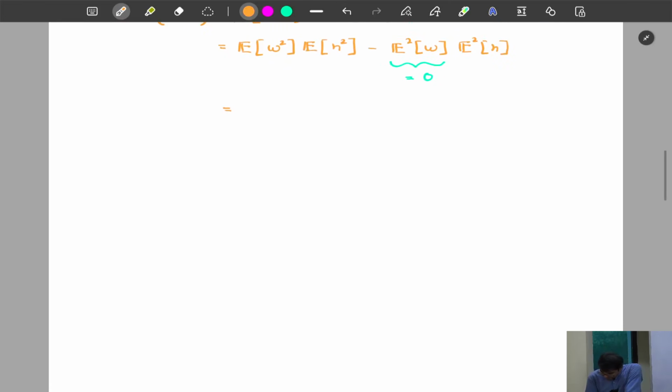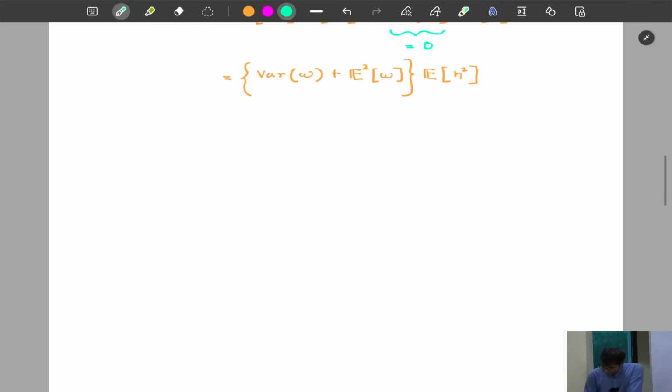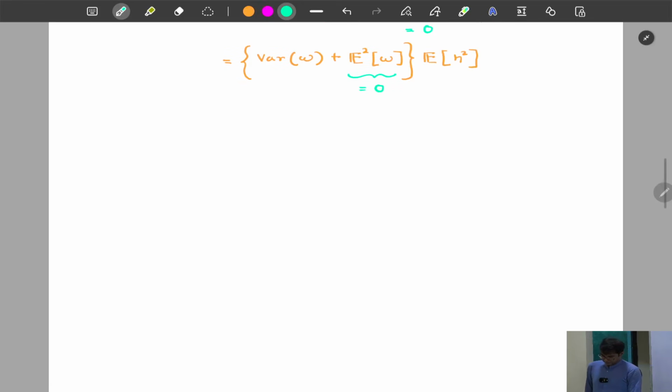So this is then equal to variance of W plus expectation square of W multiplied by expectation of H square, right? Again, this term is equal to 0, same term, correct?